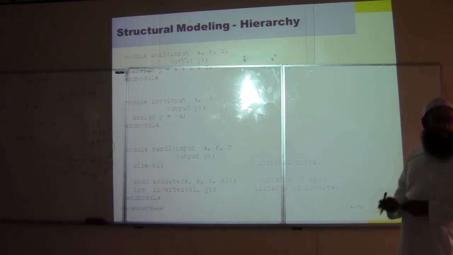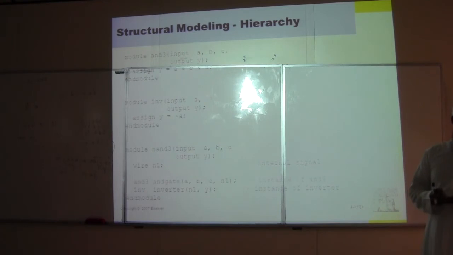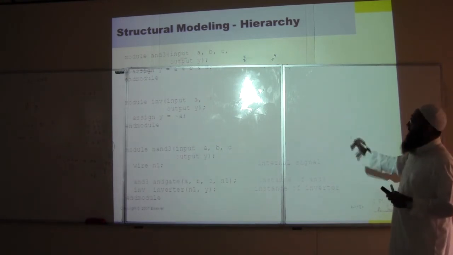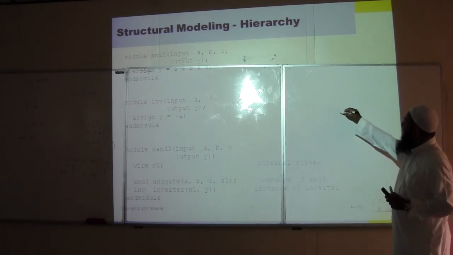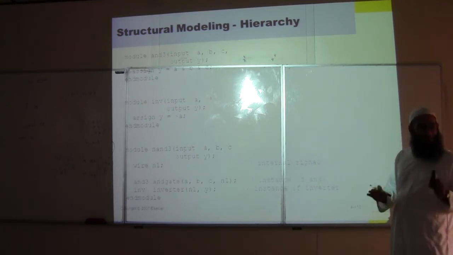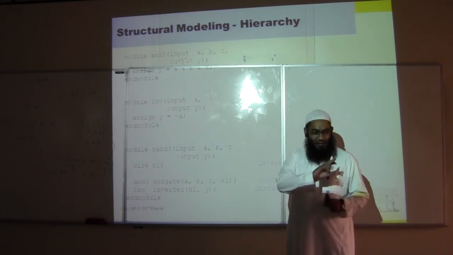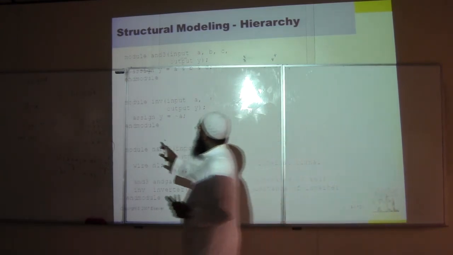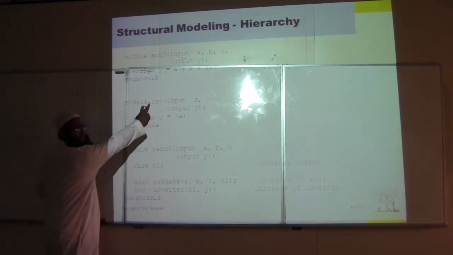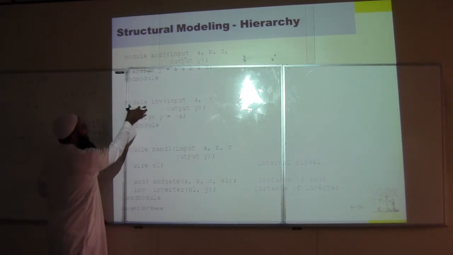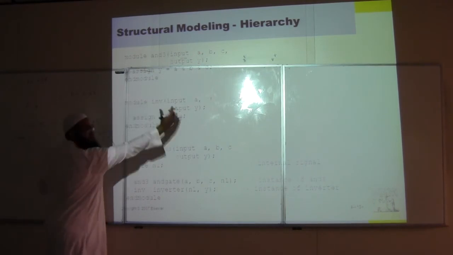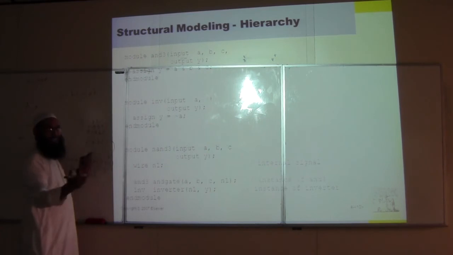So teacher, you say it ignores the space. Good question. It ignores white space, but not every space. For example, if it ignored this one, then what will happen? Module N3, everything together. It will not understand anything.